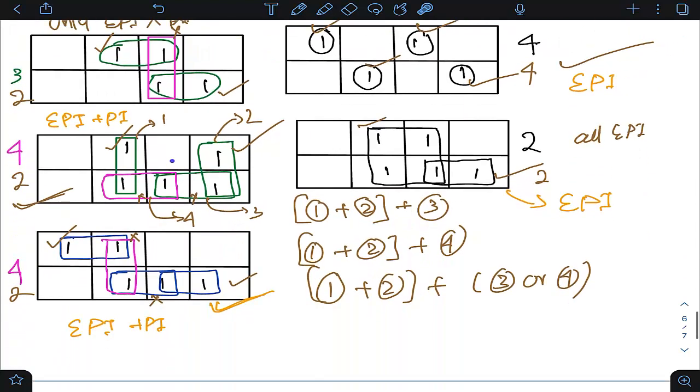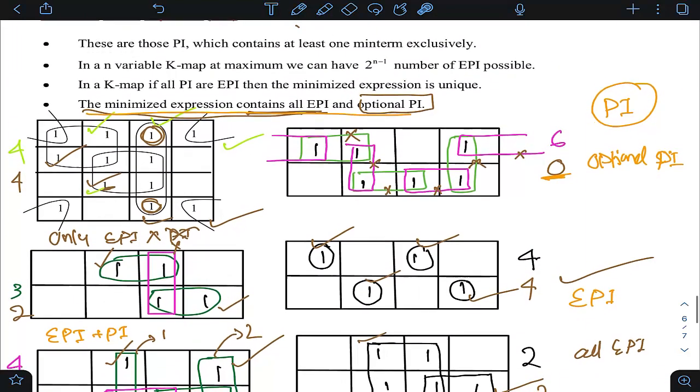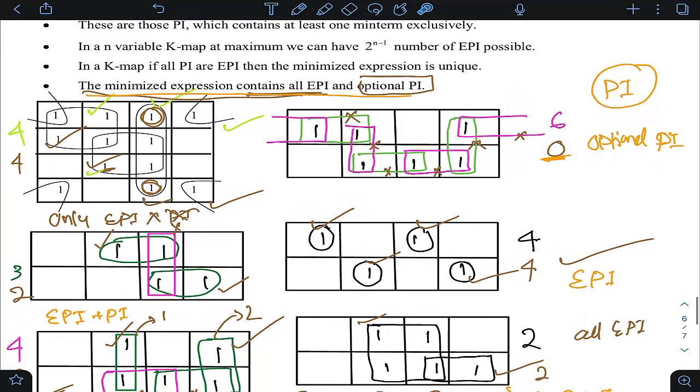When all PI are EPI, like this case, you don't have any other option beyond EPIs. So I can ensure that in a particular K-map, if all PI are EPI, then the minimized expression is unique.